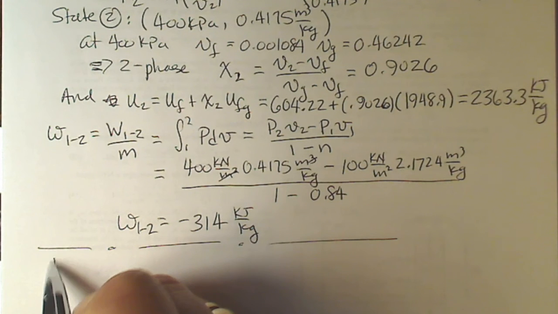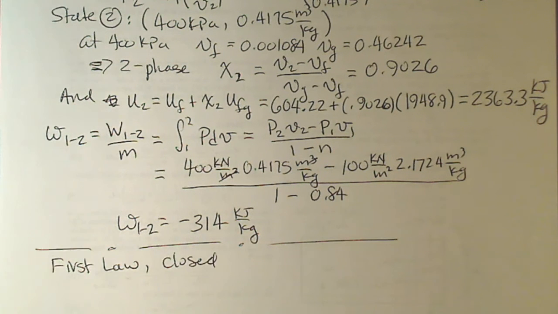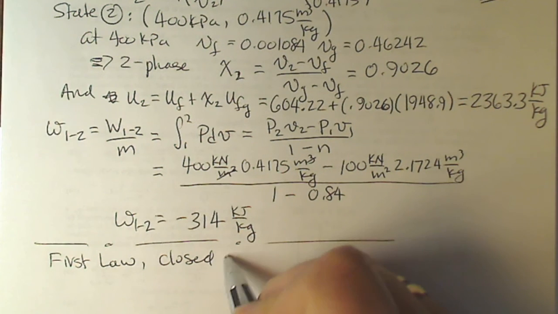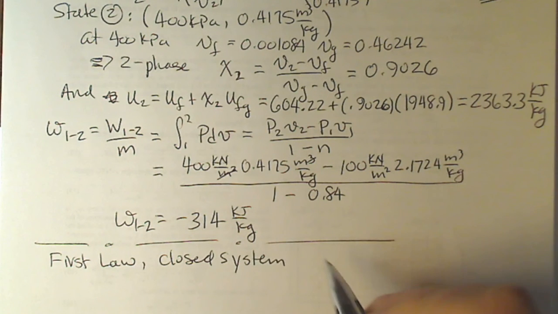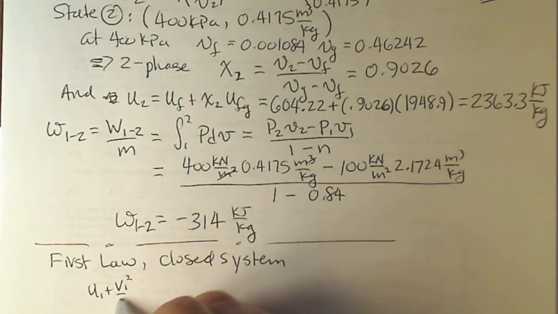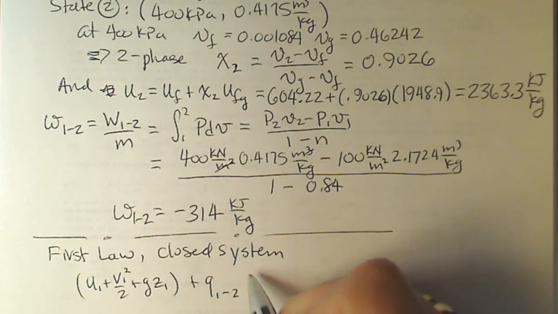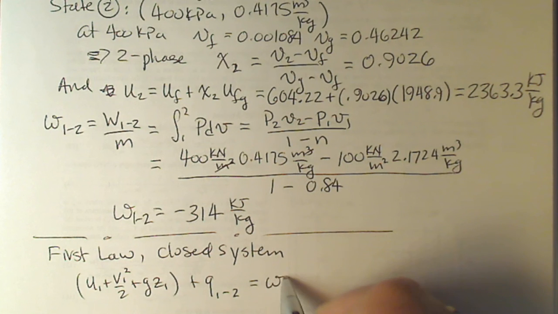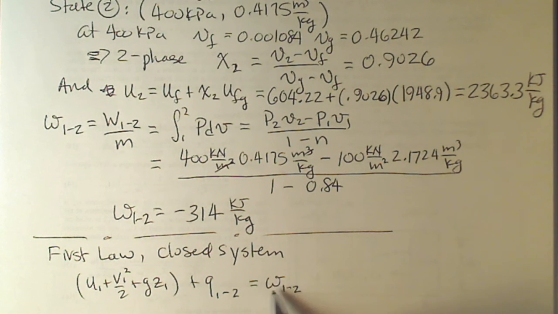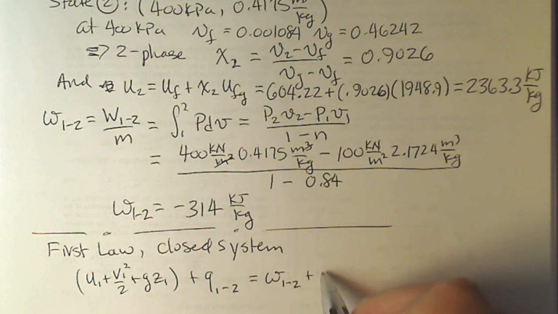Well, if we consider our first law for a closed system, we can write the initial energy plus energy added, which we will designate as heat being added with a positive sign, is equal to any energy out, which we'll designate as work being done by the system, plus the final energy.